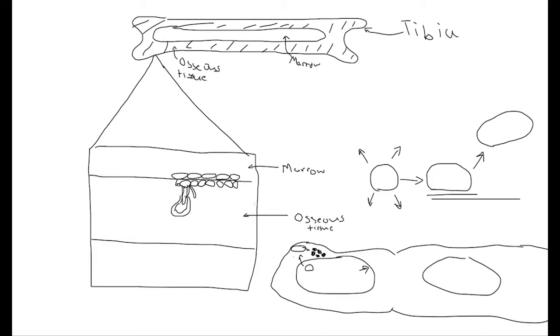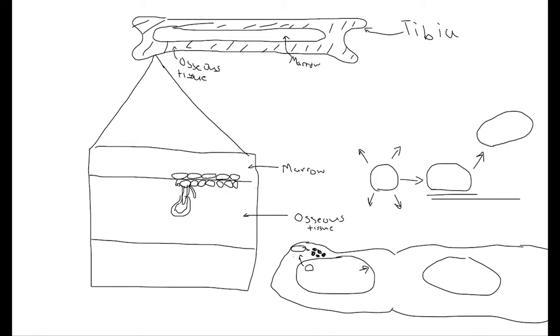The next type of cell I want to talk about is also differentiated from these cells over here, so the cells that produce the extracellular matrix. They can differentiate into these cells, which respond to mechanical stress we just talked about, but they can also differentiate into other types of cells. First, we'll talk about these cells.